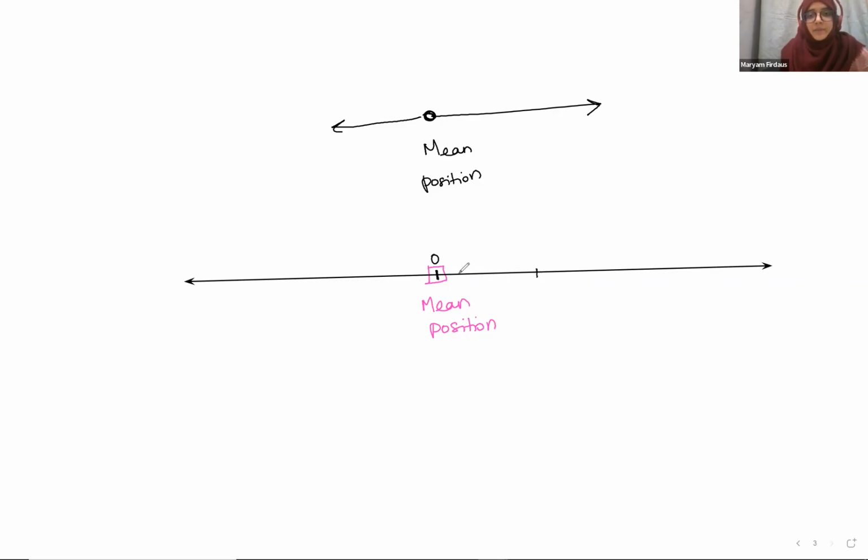Let's say this is 5. 1, 2, 3, 4, and 5. So you have reached here. Now, Hiba, you have moved 7 units in the negative direction. Can you tell me where you will reach now?